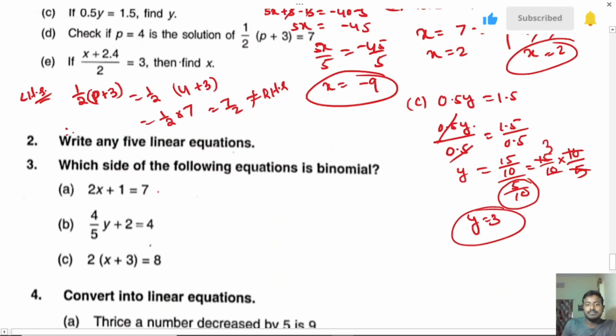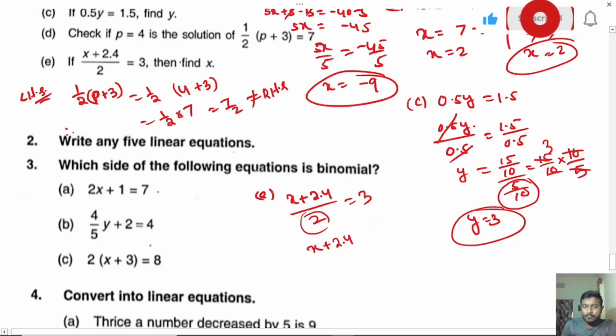Next, E number. x plus 2.4 by 2 equal to 3. Now first we multiply both sides by 2, then 2 will be cancelled. So x plus 2.4 divided by 2 into 2 equal to 3 into 2. So 2 cancels.